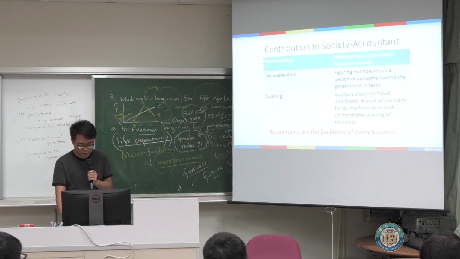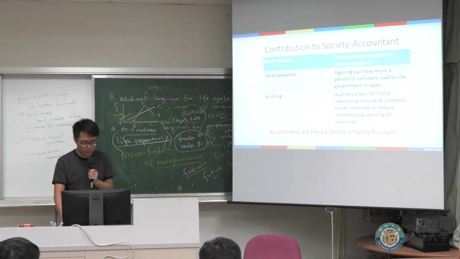And for auditors, they will check for fraud in a company, and they will also check the misuse of company funds and come up with methods to reduce the unintentional wasting of resources.